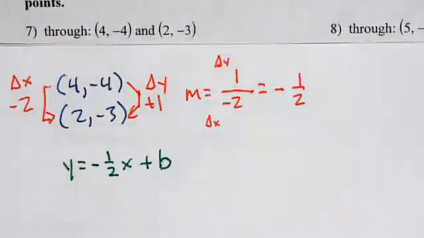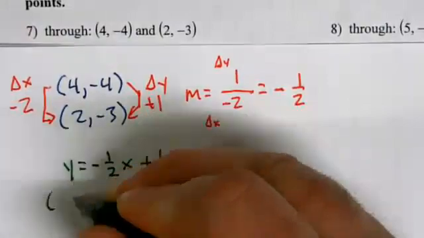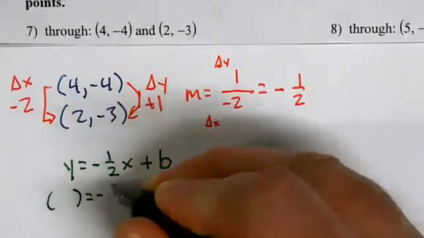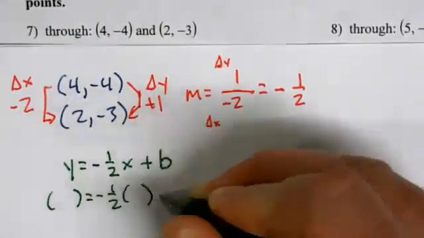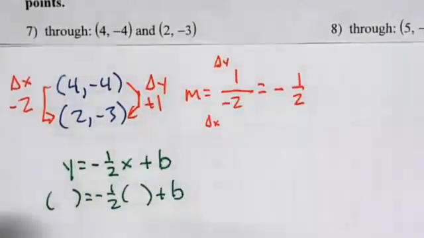So let's see if we can find some x and y values to substitute in for this equation. Anybody want to be brave and suggest some x and y values that we could substitute in here?